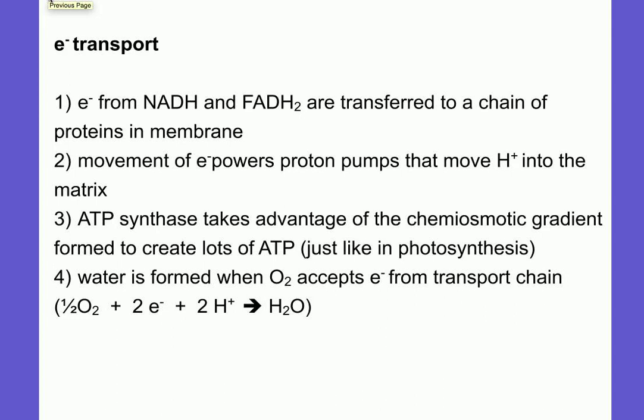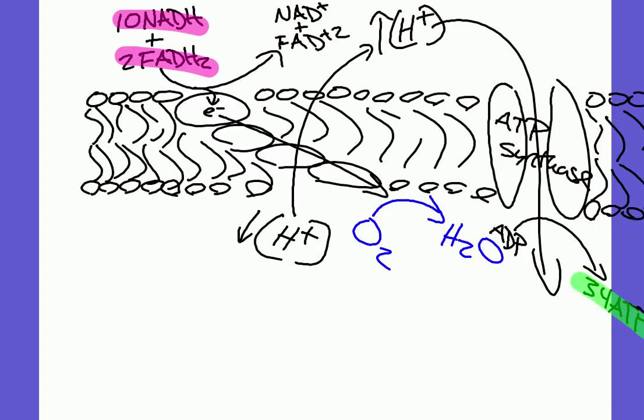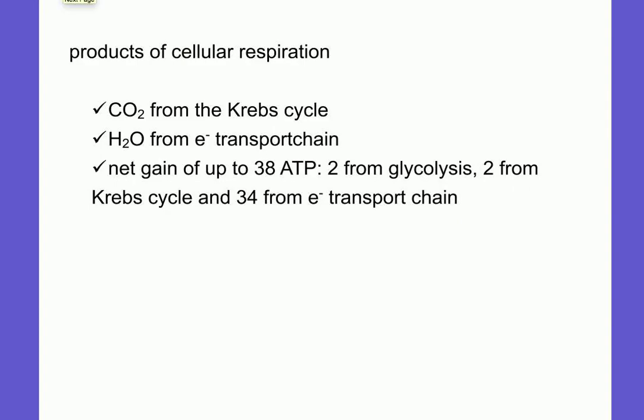So we covered 1, 2, 3, 4 here. We made some water at the end. We made a bunch of ATP. Those proton pumps are powered by electrons, right? The electrons come from NADH2 and FADH2. So again, products of cellular respiration.